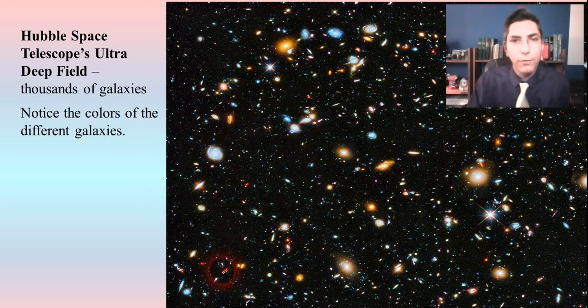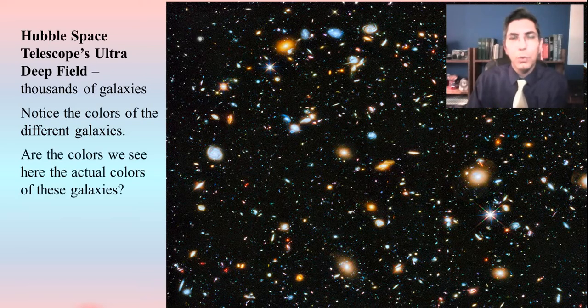There are several that have this almost ruby red color. In fact, a lot of them have this ruby red or dark red or reddish type of color. Now, when we think about these, we know that galaxies are not just blobs. They're not just individual stars. Galaxies are made up of millions, billions, and possibly even more than that as far as stars go.